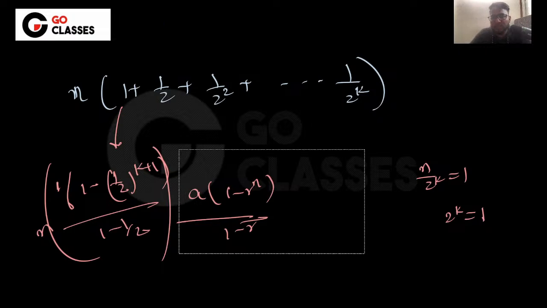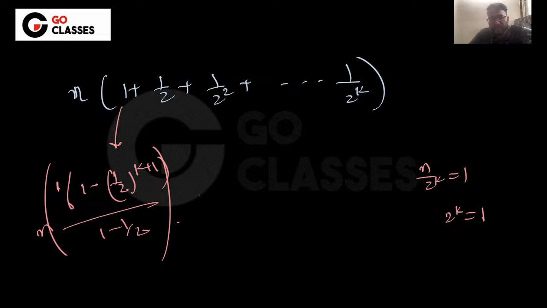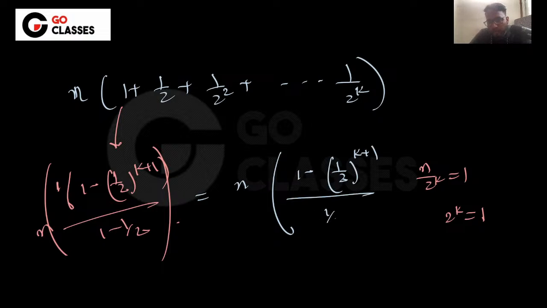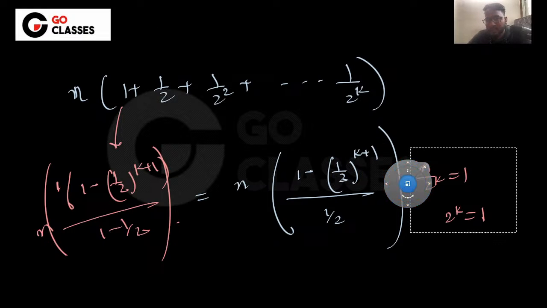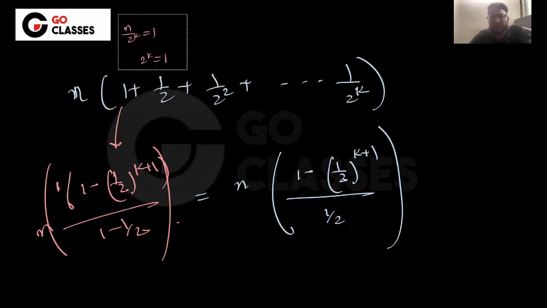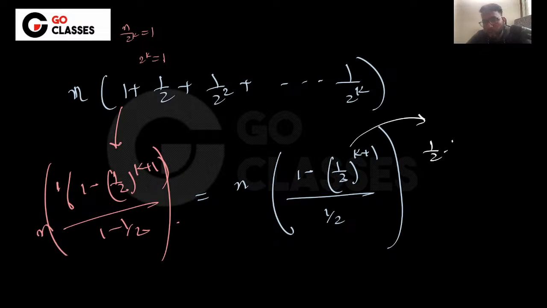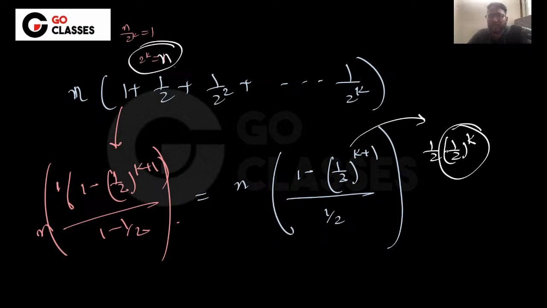Let me quickly solve this and see what the final answer is. It is n into 1 minus 1 upon 2 power k plus 1, upon 1 by 2. Now this thing is 1 by 2 into 1 by 2 power k, and 1 by 2 power k is known to be 1 upon n, because 2 power k is n.